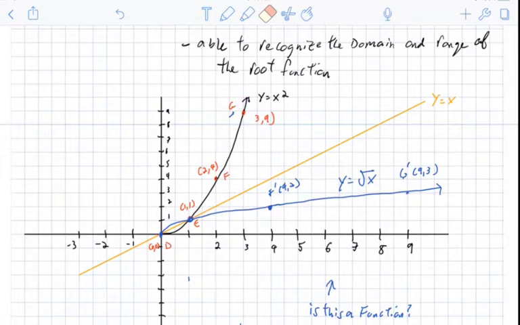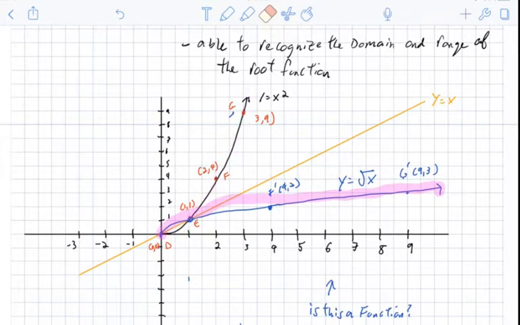And that means that a lot of the different aspects of the parabola show up as features in the shape of the root function.